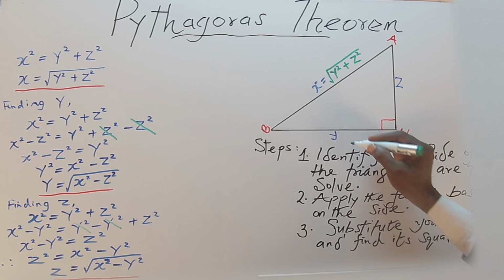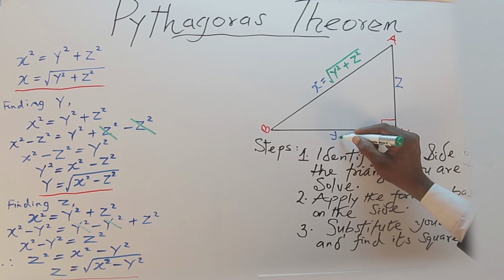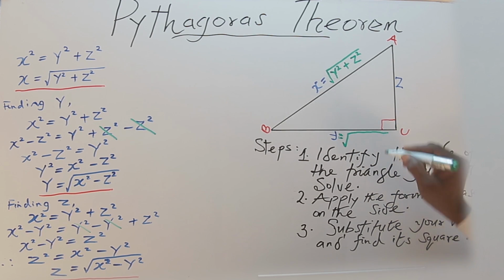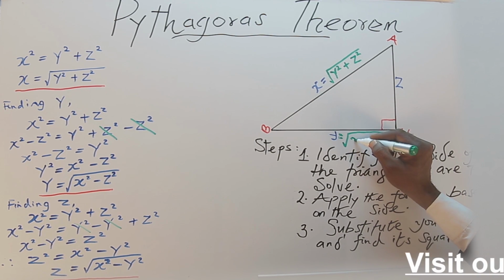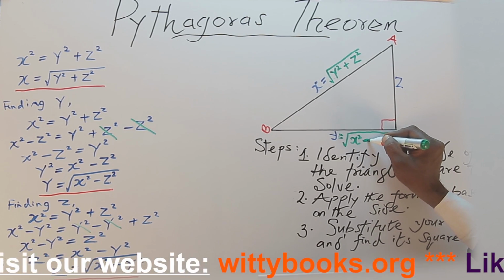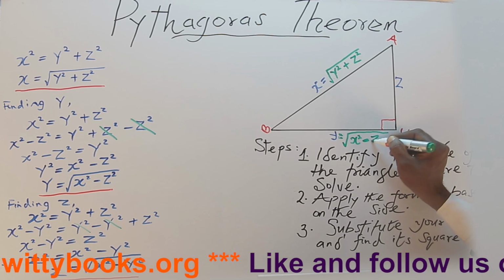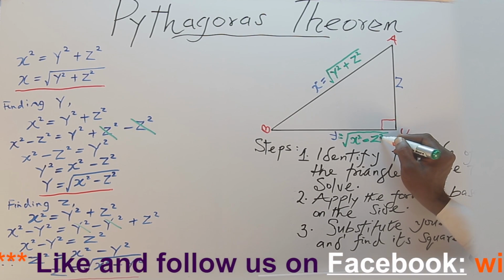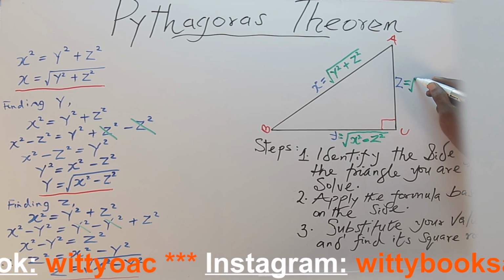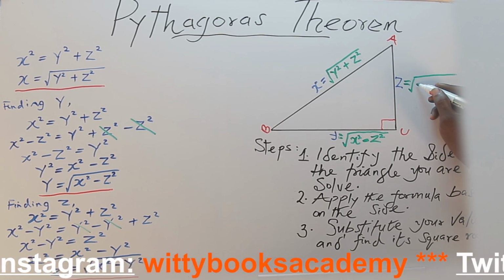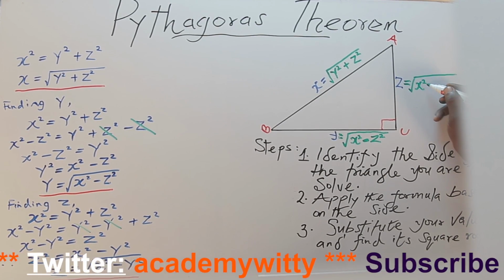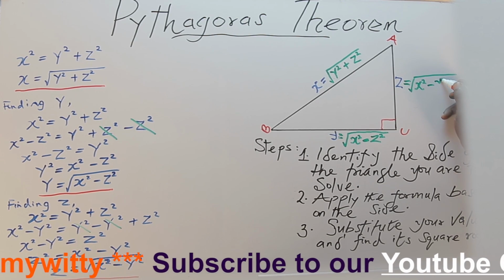We'll deduce that Y equals the square root of X squared minus Z squared, and then Z equals the square root of X squared minus Y squared.